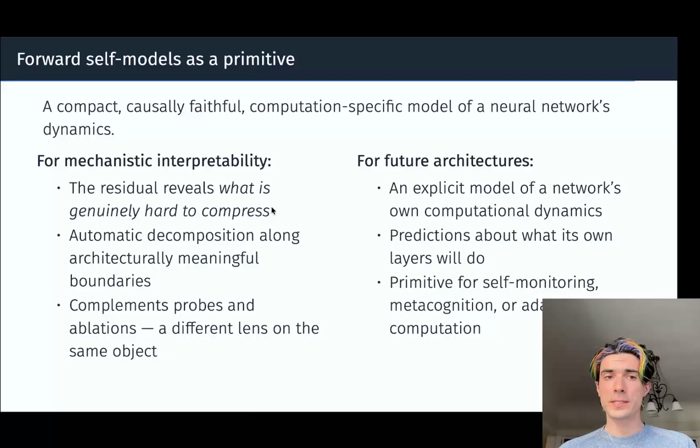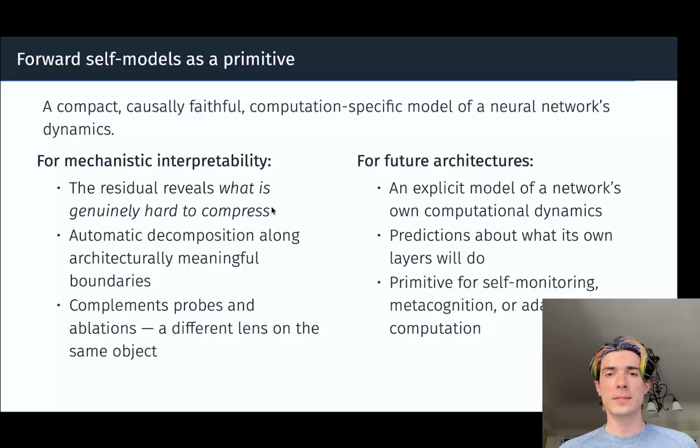I think we've shown that this has automatic decomposition along the architecturally meaningful boundaries of the main model. So you can get a sense of what matters between the MLP and the attention heads in the transformer. That's potentially a really interesting takeaway from this.